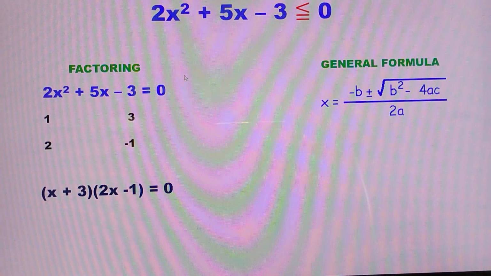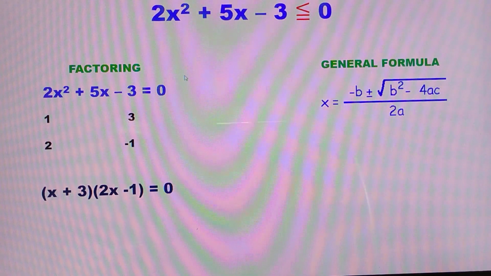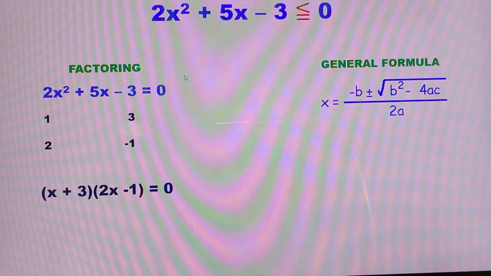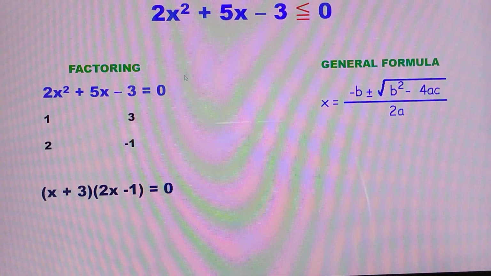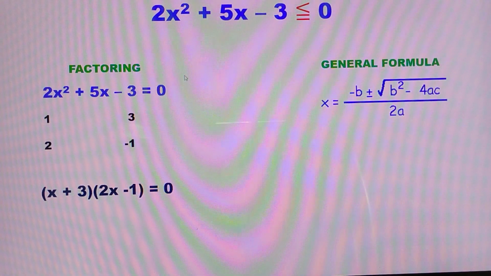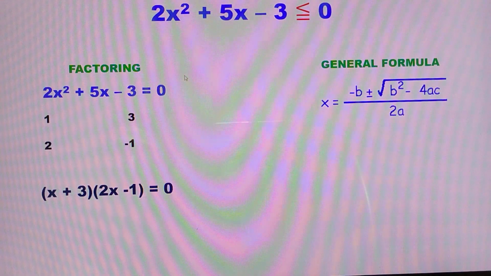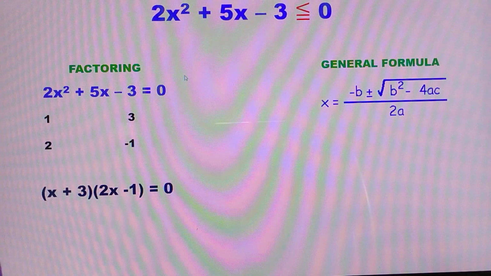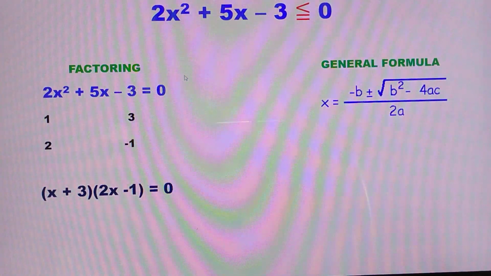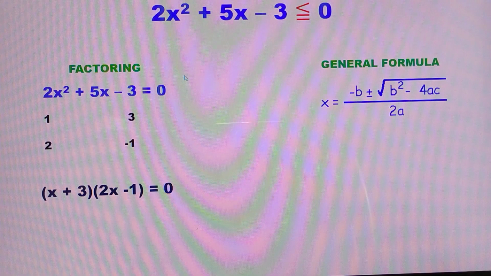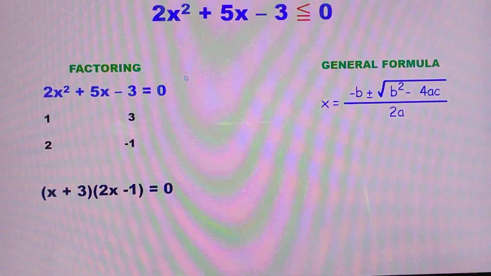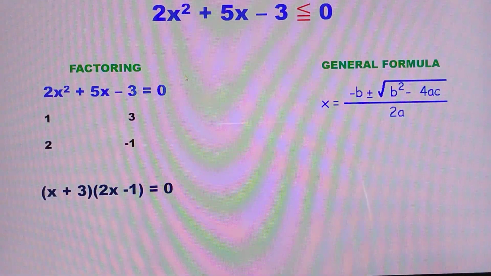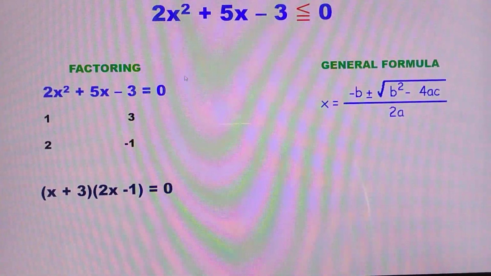To solve this equation using factoring, in this case, we need to consider that a, the coefficient of x squared, is now number 1. So we need to find two numbers that multiply to 2 in this case, and multiply to minus 3 in this case, and the cross product must be plus 5 for this equation.